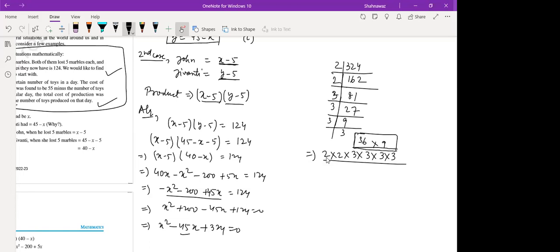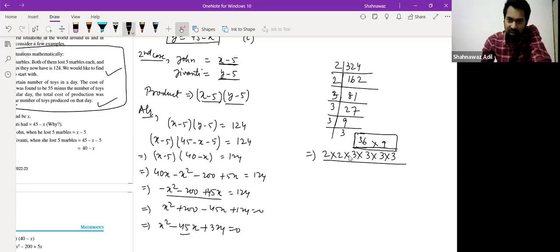So 36 and 9, does it serve the purpose, the middle term splitting purpose? 36 and 9. Yes, it does. Correct, Adil. Did you understand? Ahmad, what about you?